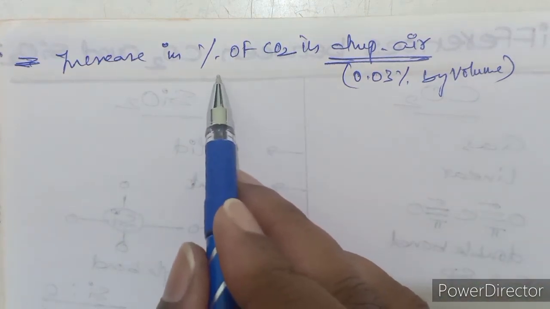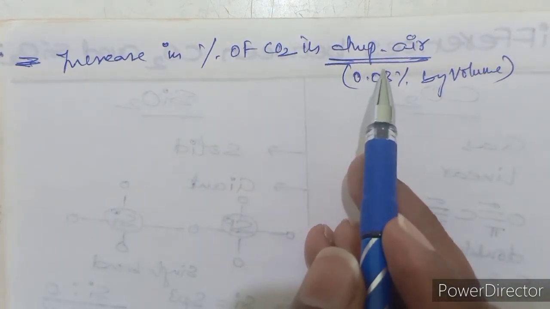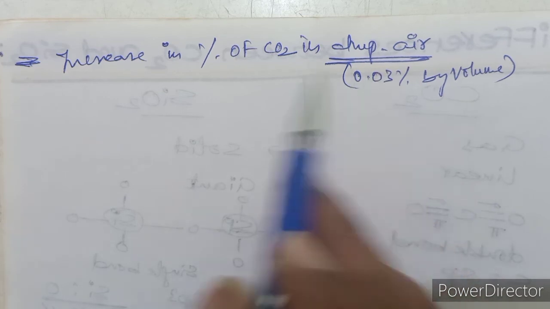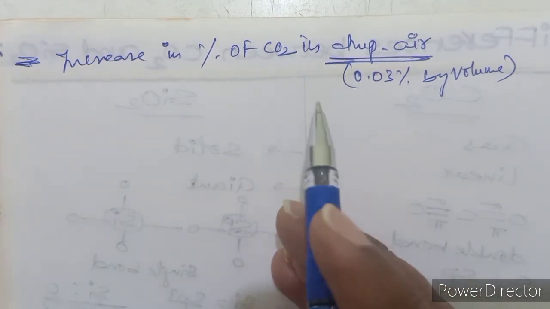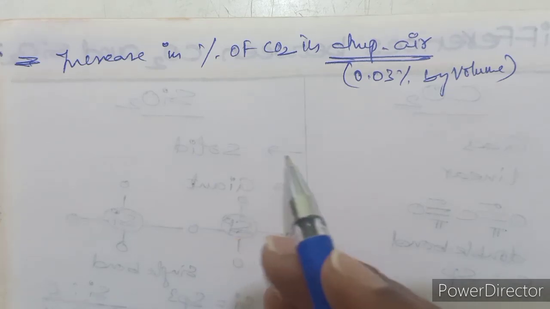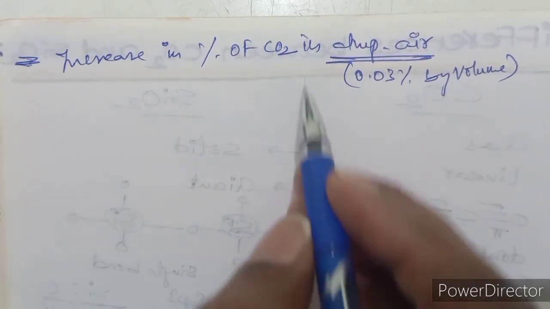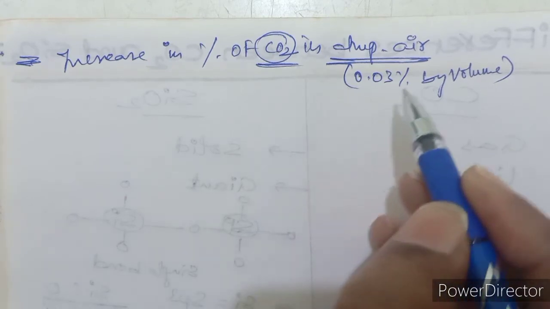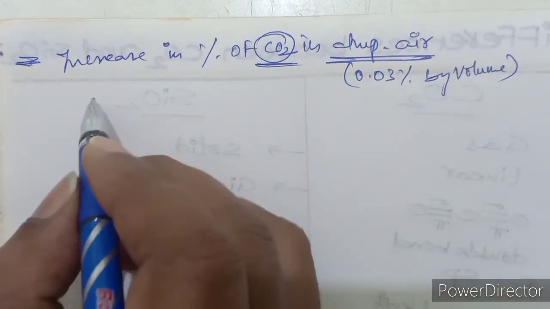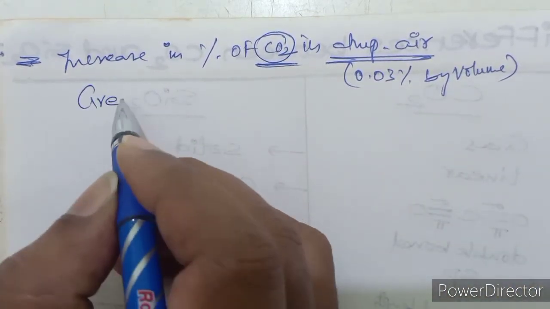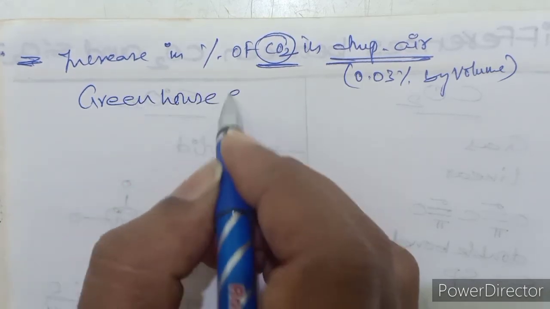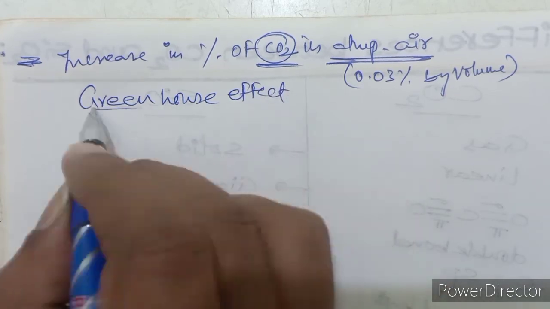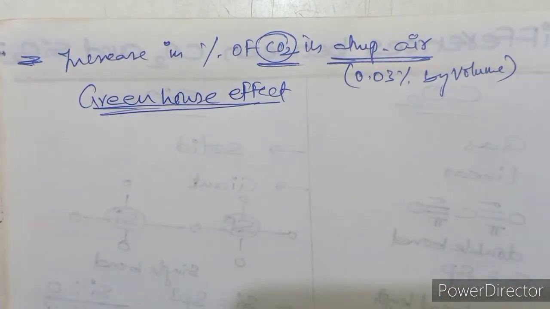But the percentage of carbon dioxide in the atmospheric air increases by burning fossil fuels and also from the cement industries. This causes the greenhouse effect, or global warming, in the atmosphere.